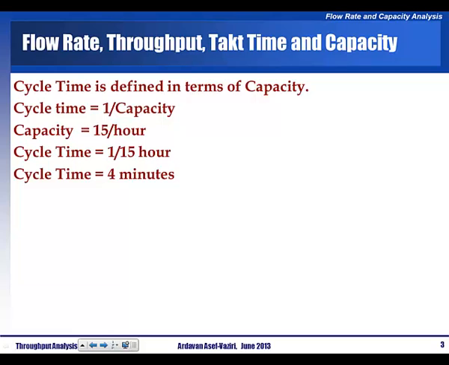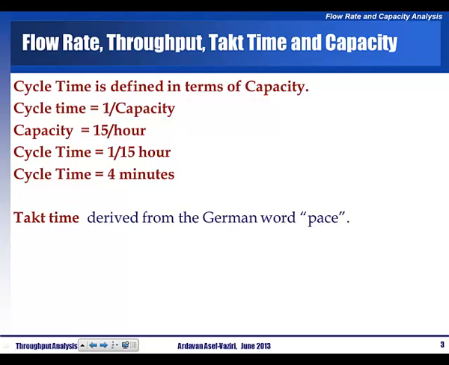Now let's look at takt time. Takt time is taken from the German word for pace. You know, we have a tool like this in music, has an arm here and it goes this way and come back, and each movement is one pace or one step.